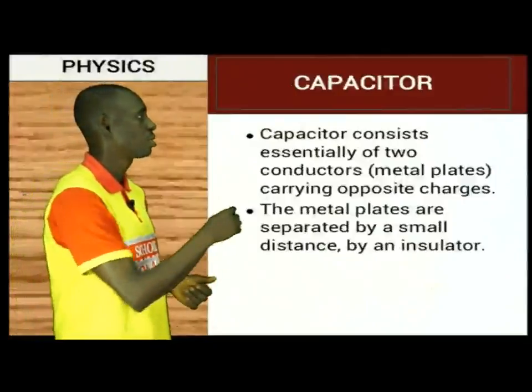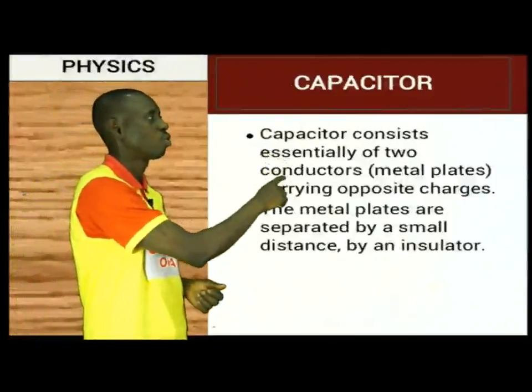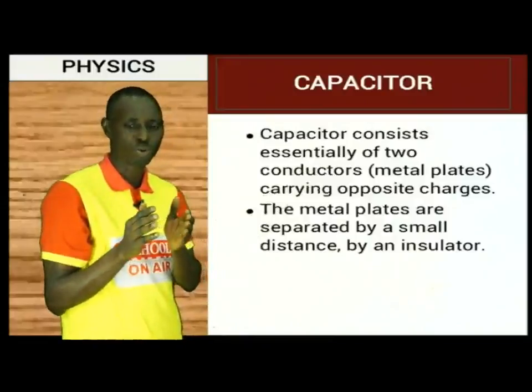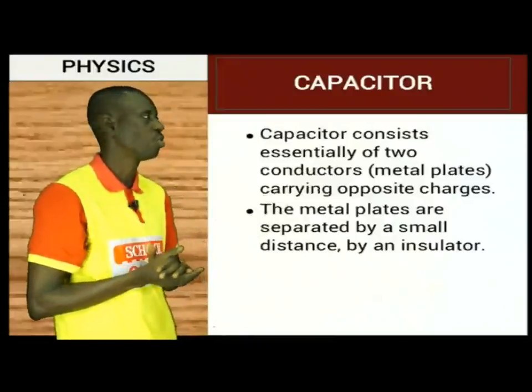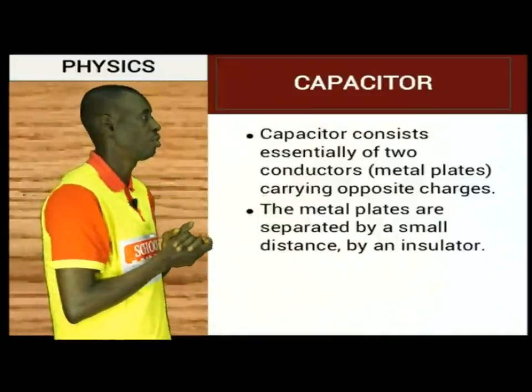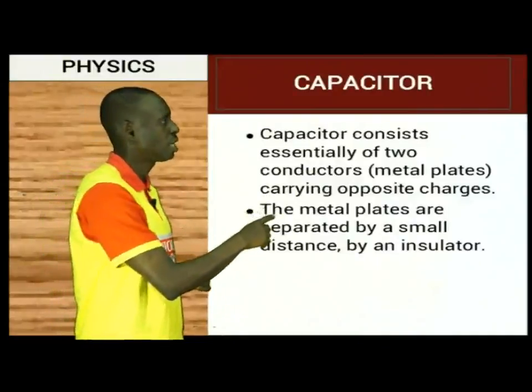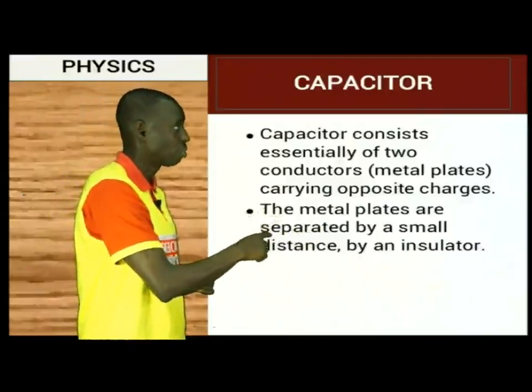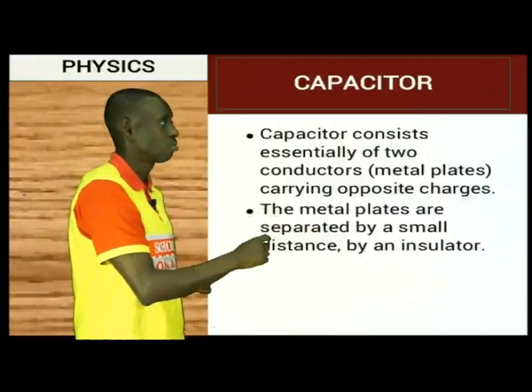So generally, a capacitor consists essentially of two conductor metal plates. Like I told you, a capacitor is made up of two conductor metal plates, just like having two parallel plates facing each other. The metal plates are separated by a small distance, by an insulator.